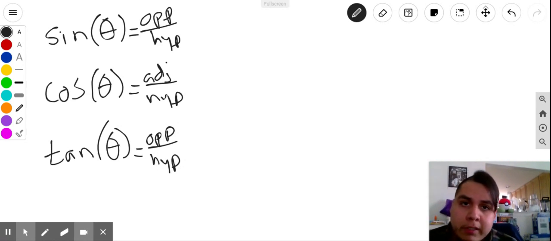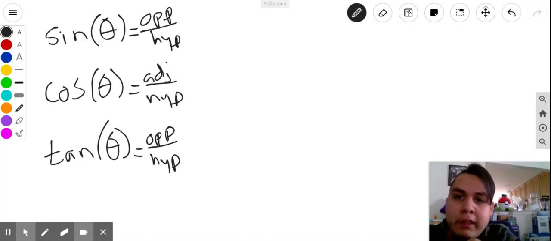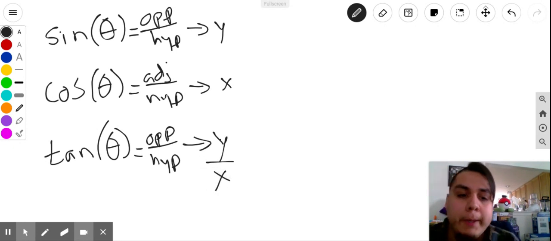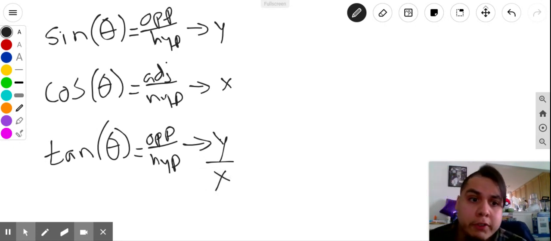If we're talking about this in terms of the unit circle, well, we figured out that this really comes out to the y value, this comes out to the x value, and this comes out to the y over x value. So those are the first 3. As long as you know x and y, you can use that to get tangent.